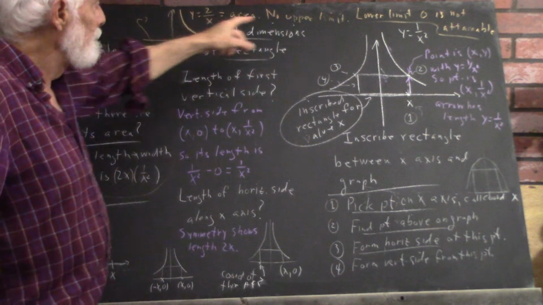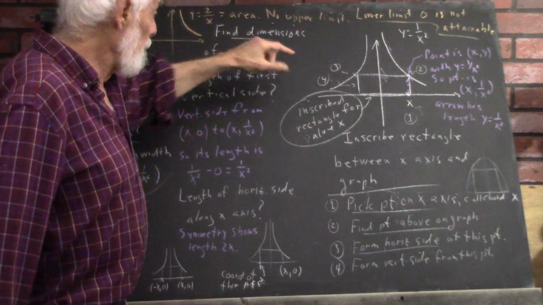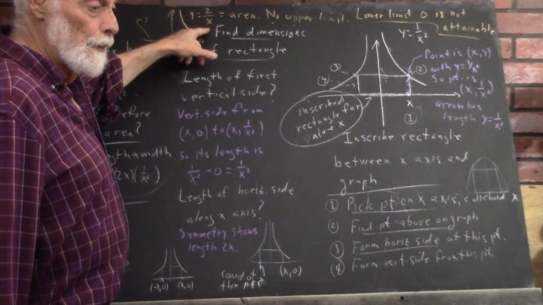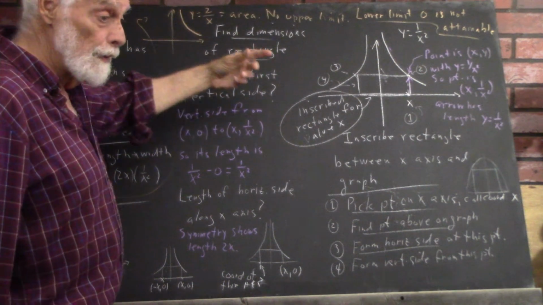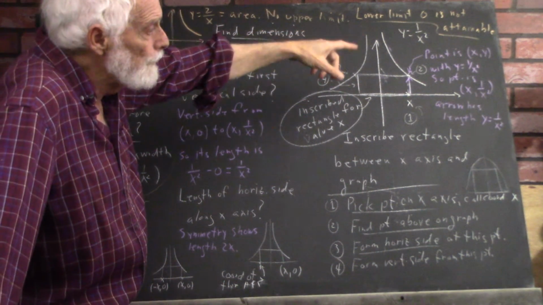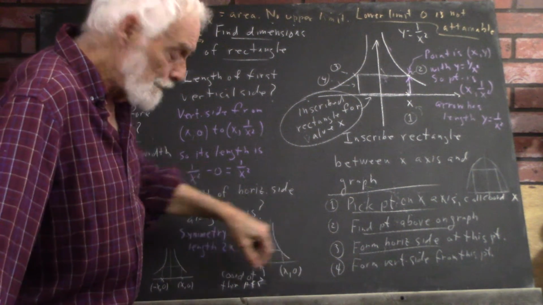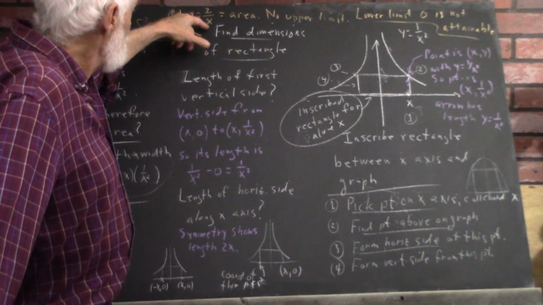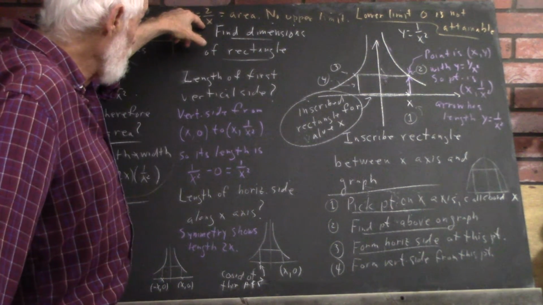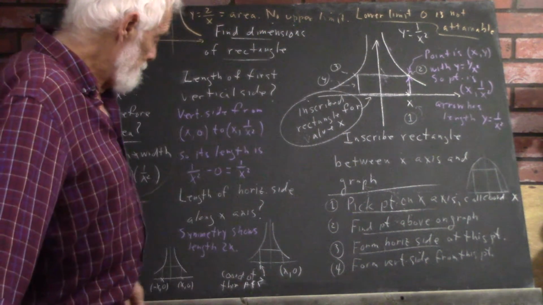Also, the lower limit is 0 because the graph is asymptotic to the x-axis. As x gets really large, this quotient gets really small, but it never actually reaches 0. So you can't get an area of 0, but if you let x get big enough, this function, which represents the area, gives you a result that approaches 0.